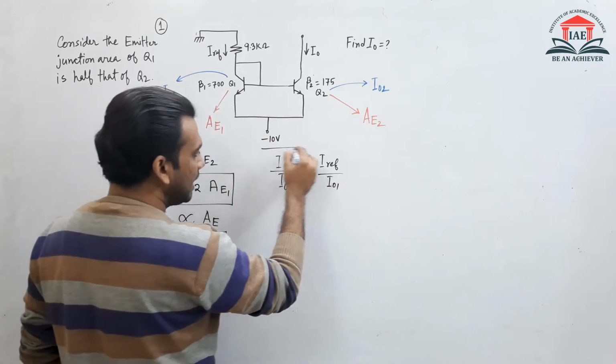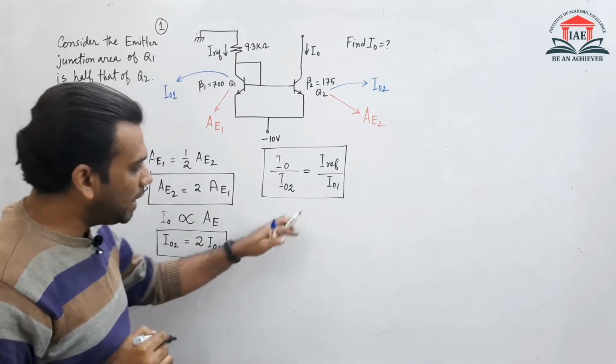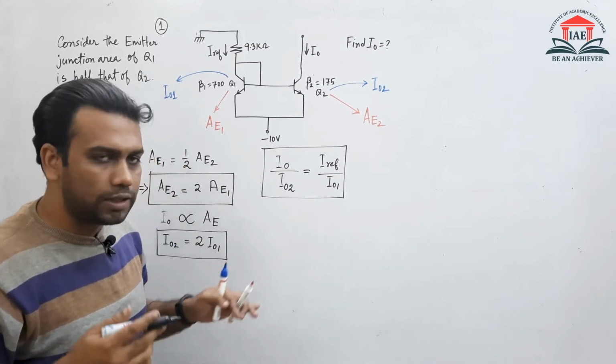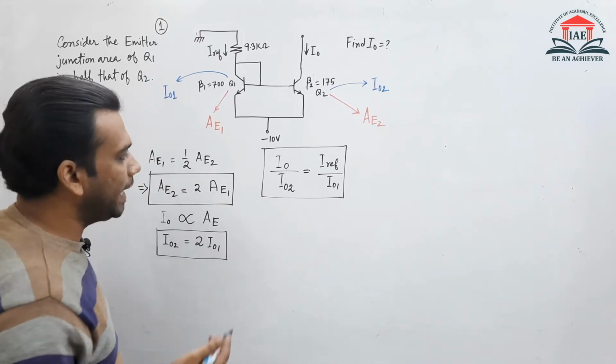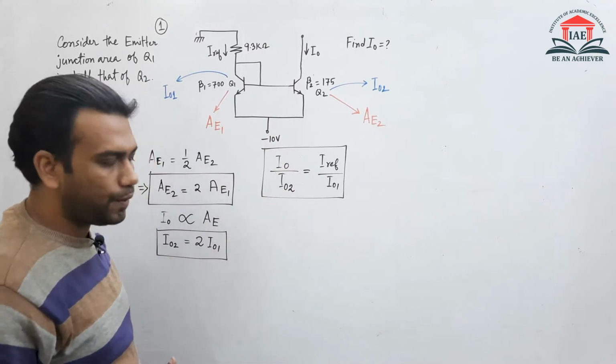So this was the relation between the reference current and the output current. We have discussed this in the previous videos. If you have not watched those videos, just go to the link and first watch those videos, then come to this point.